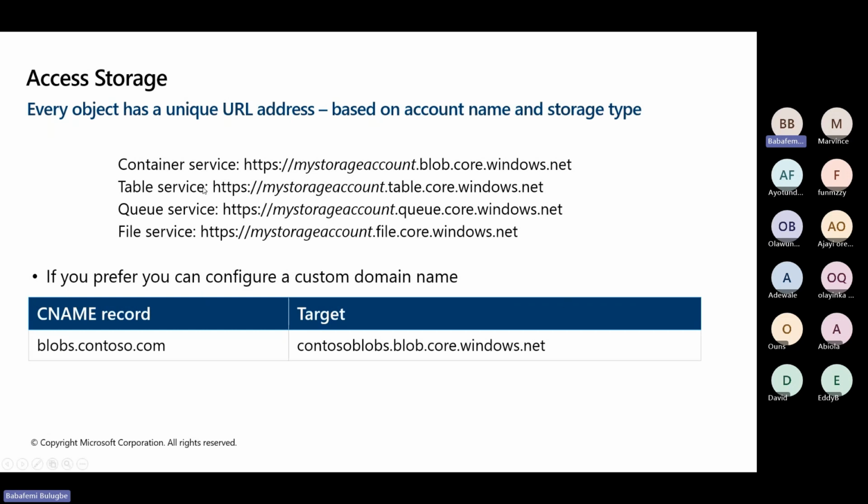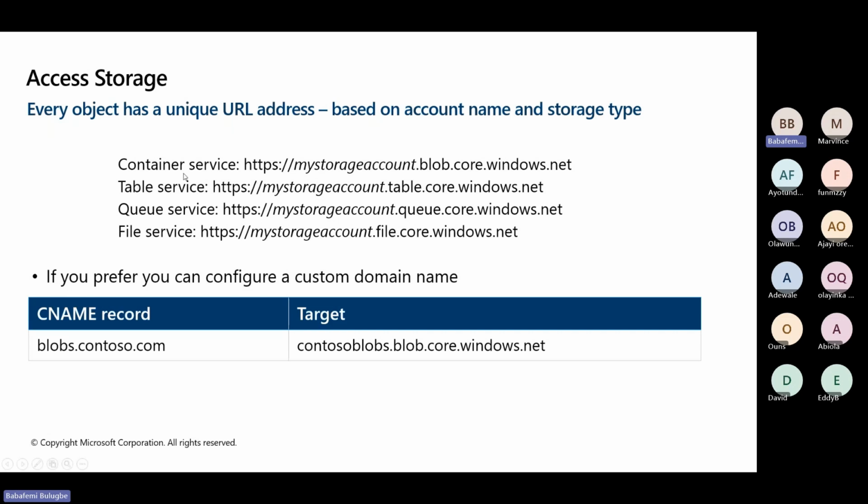So if I create a blob or a container storage account type, then it's going to be babafemi.blob.core.windows.net. So at least two storage accounts cannot have the same URL. And that's why the name of your storage account must be globally unique.